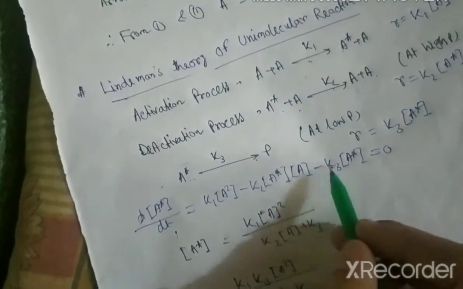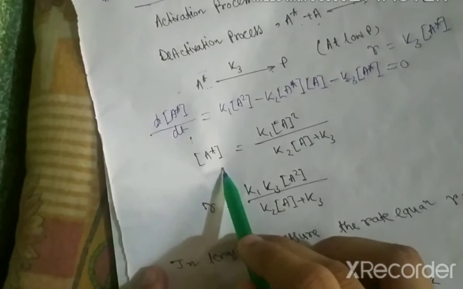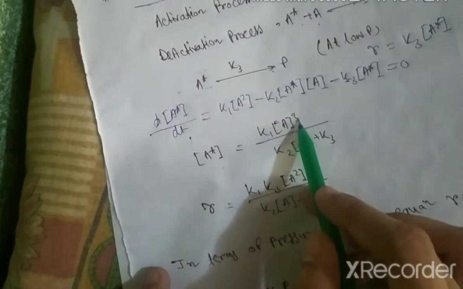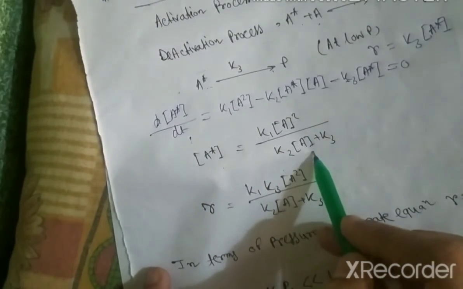From this we can write concentration of A star is equal to k1 into concentration of A square by k2 into concentration of A plus k3.